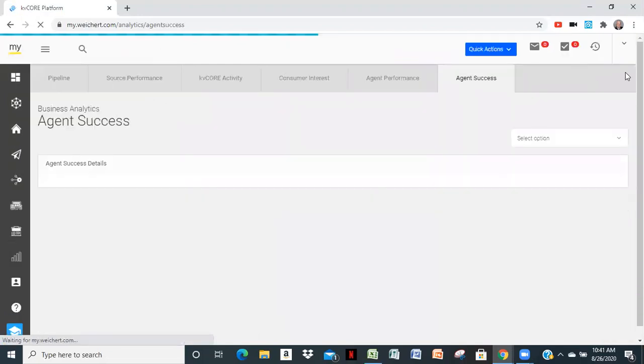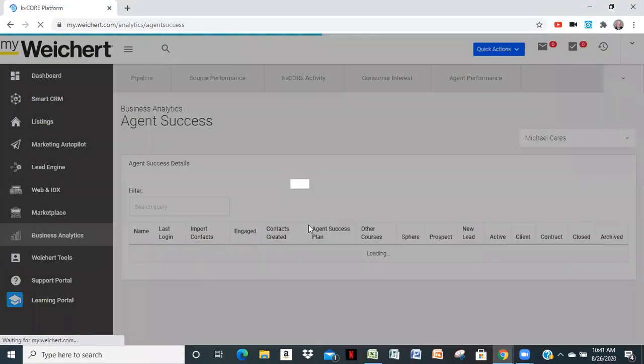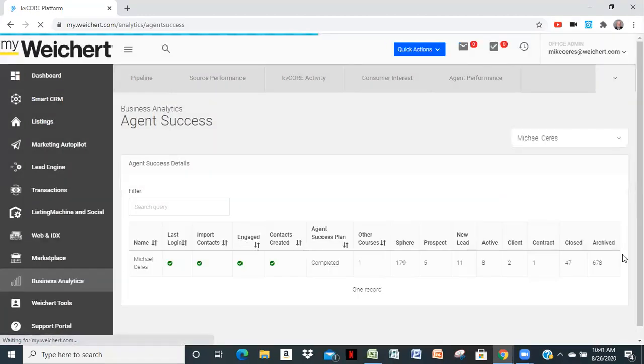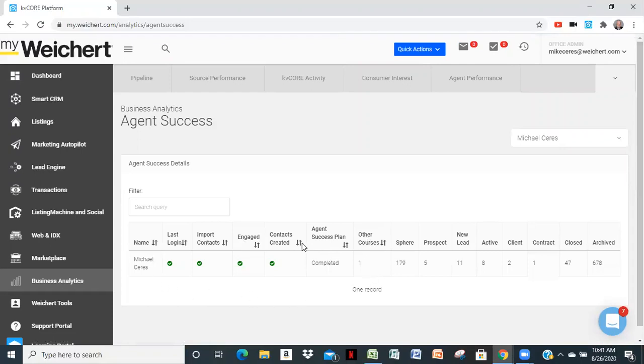Now you can go to this agent success report over here, and this is basically the report that pops up. On a side note, this is important to make sure that you're doing all of these, so that you want 4 green check marks and a completed agent success plan to properly understand what the system does and how you're working the system, okay? But here is where the definition of the statuses and the idea of the pipeline come into play, okay?